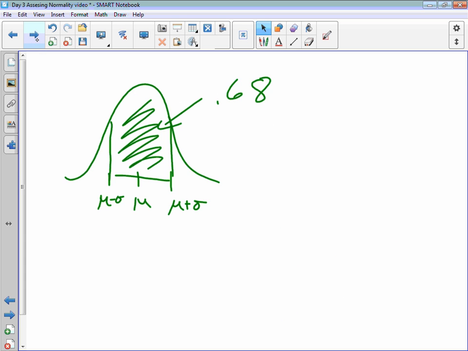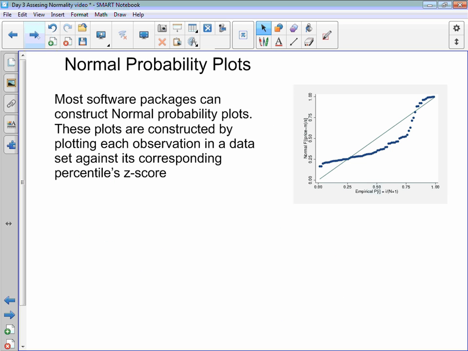The third way we can check if our data is approximately normal is using something known as a normal probability plot. This is the best case scenario in the scientific community, but they generally didn't teach it in class because it was just really difficult.